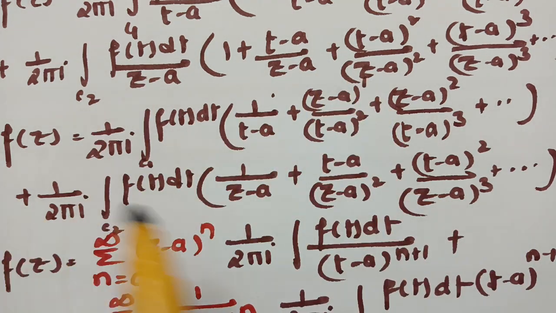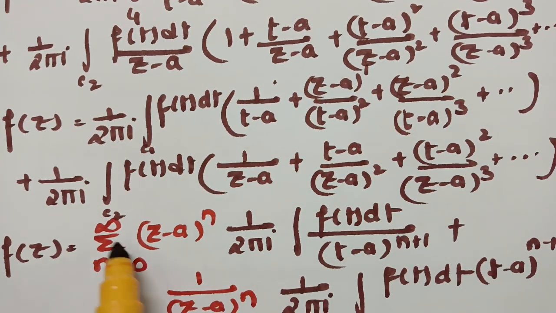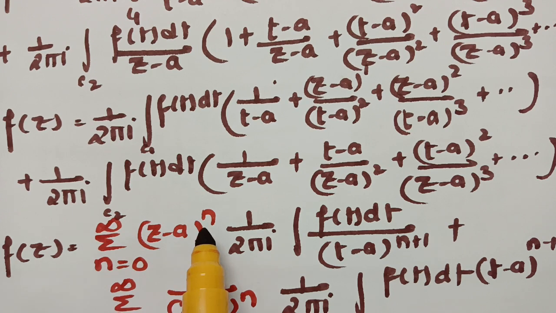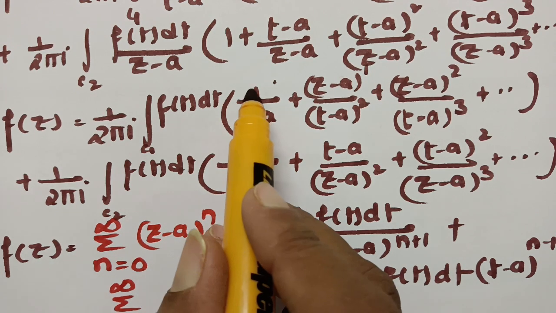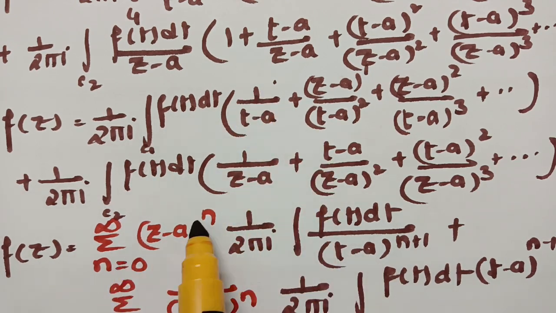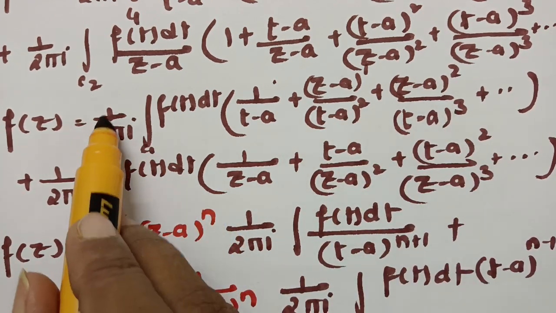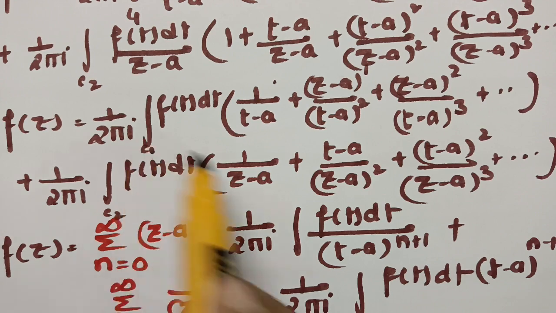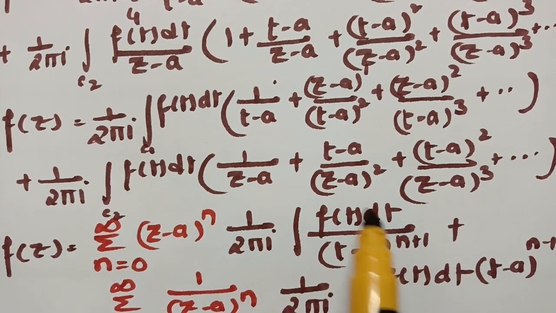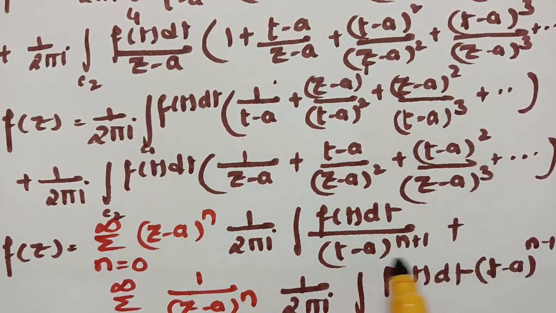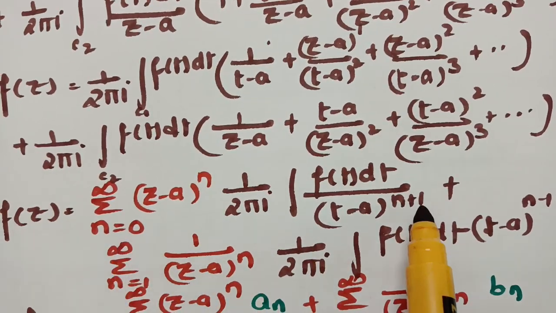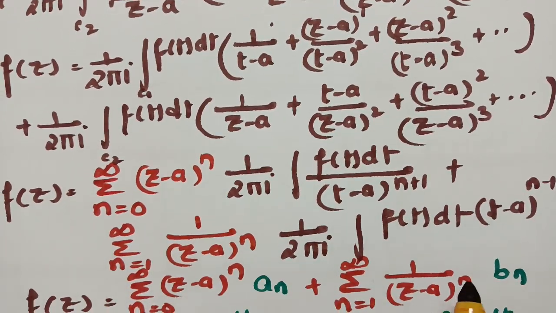If I send it outside, this will be sigma n equals 0 to infinity (t minus a)... (z minus a) power n. See here, if you put n equals 0, anything to the power of 0 is 1. If you keep n equals 1, this term, n equals 2, this term. Clear? And the rest is 1 by 2 pi i times the integral of f of t dt by (t minus a) power n plus 1. Keep 0, 1, 2, 3, and you will get those terms.